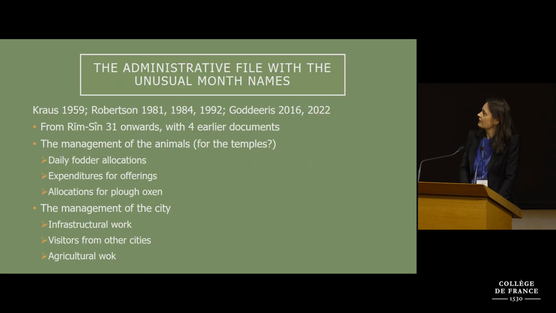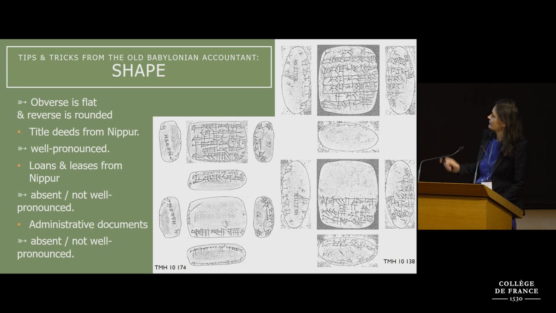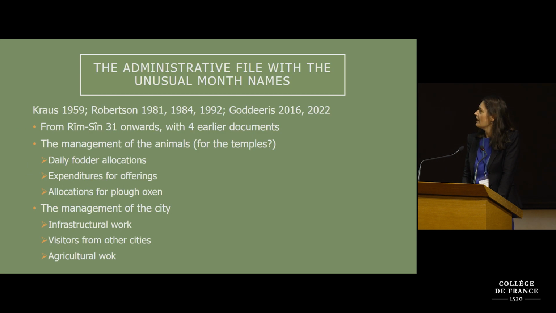So the archive, which was on the last document, you see here 2 examples of it, is the administrative archive I'm going to look at more thoroughly during this talk, or it's a reconstructed archive, it's a dossier, of course.